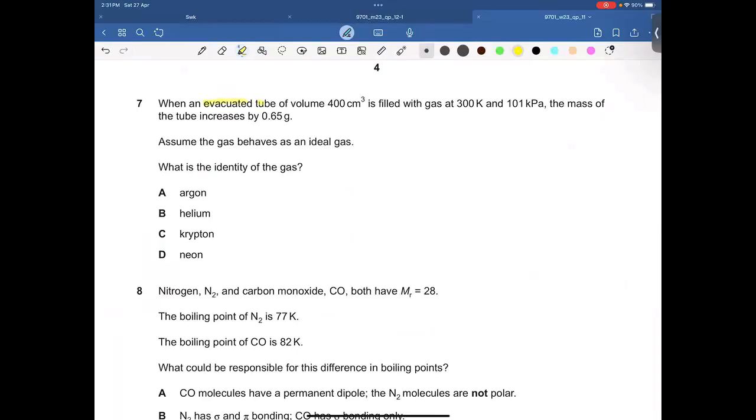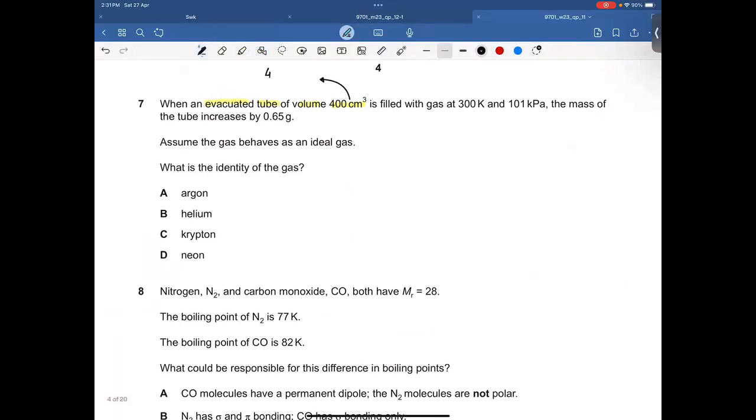When an evacuated tube of volume 400 cm cube, obviously if it is cm cube, it has to be in meter cube. So 400 into 10 to the power minus 6 meter cube. Okay. 300 Kelvin. Pressure is 101 kilopascal. So convert into Pascal. 1 kilopascal equals 1000 Pascal.